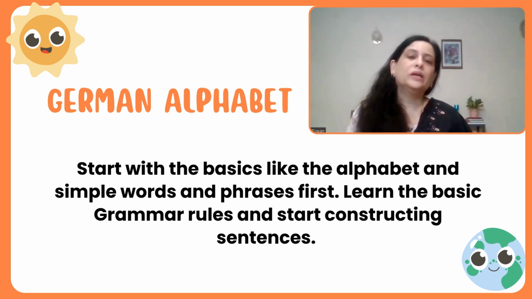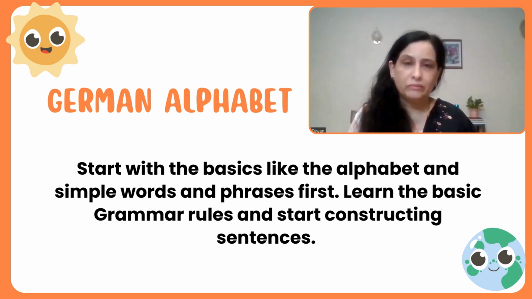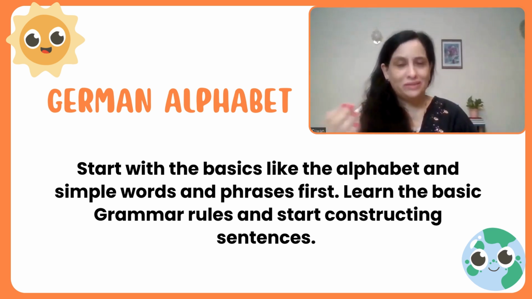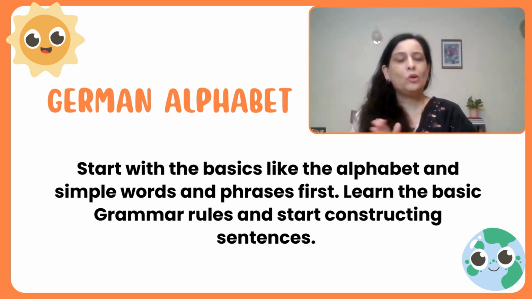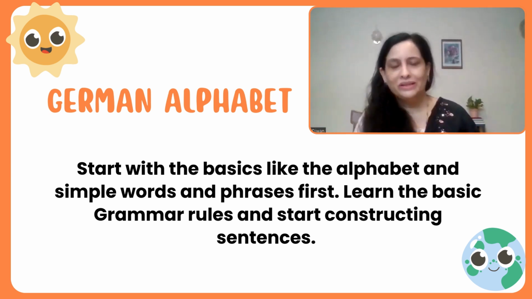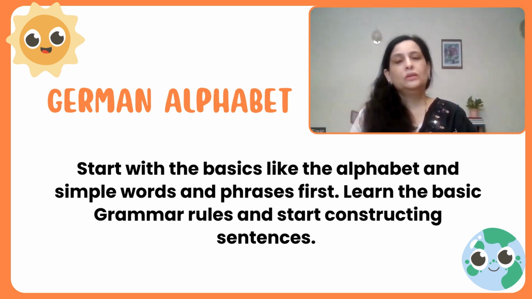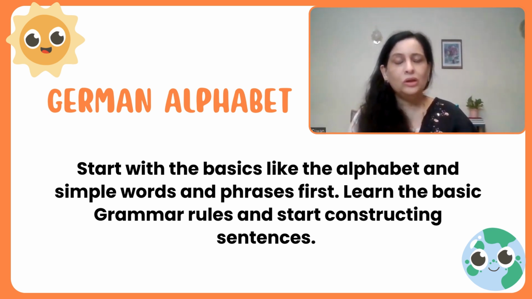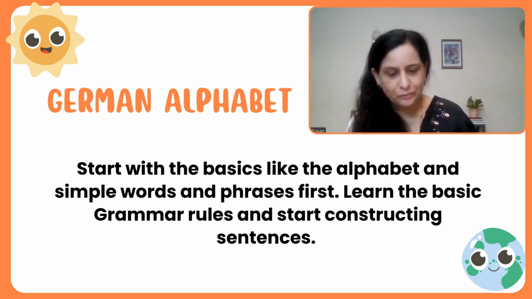Whenever you are learning a new language, like the German language, you have to go step by step. Don't make complicated sentences. Once you learn these rules and you are able to make small sentences, then you do complicated sentences. But you should know the common phrases, basic phrases, and simple words. Then your vocabulary will increase.